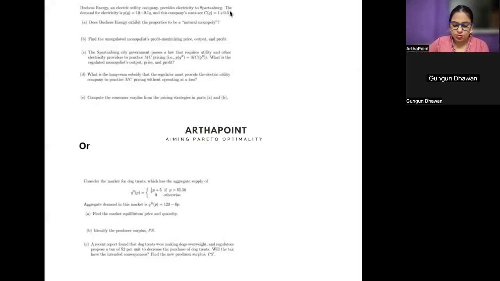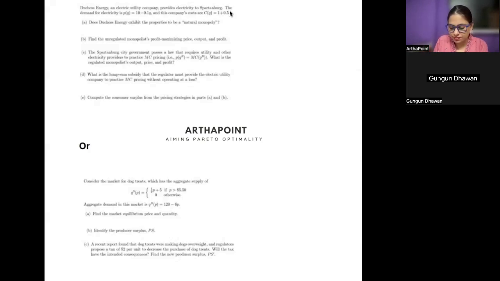Correct. Okay. Then in the third part, usually they will just say find regulated output. Here, I just included the hint that it will be P equal to MC. Remember that regulated output will be P equal to MC condition. Okay, ma'am. Here I put P equal to MC, and so the P will be 0.5.